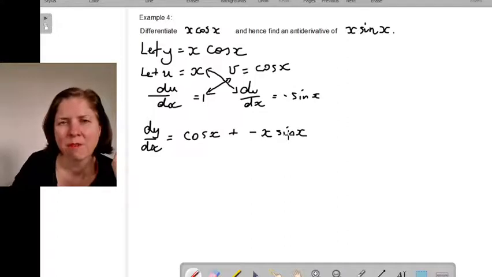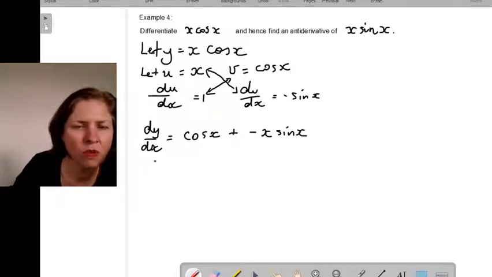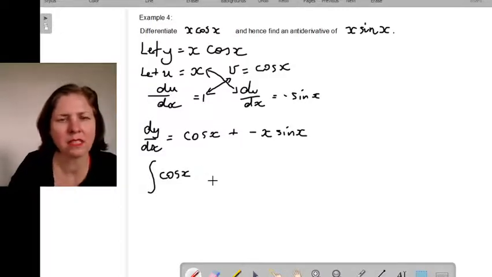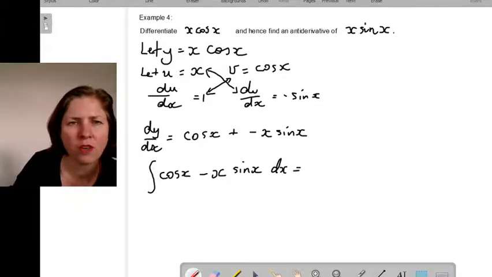All right, now before I even look at the thing I want to anti-differentiate, let's write down what we've found. If the derivative of x cos x is equal to cos x plus negative x sine x, then I know that the antiderivative of cos x plus negative, let's just write minus, x sine x dx is going to be equal to x cos x.